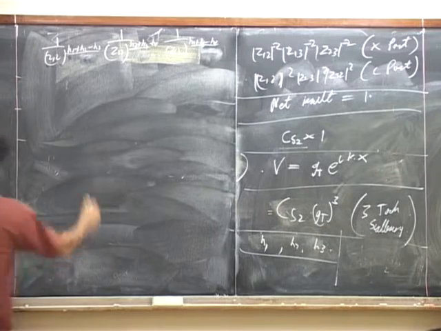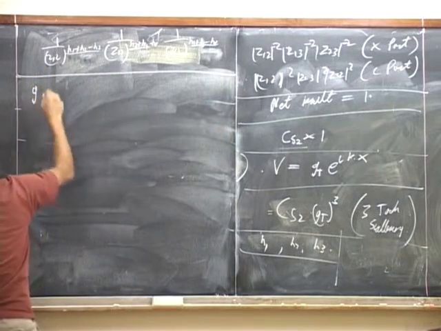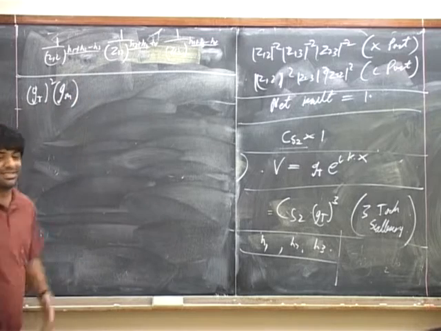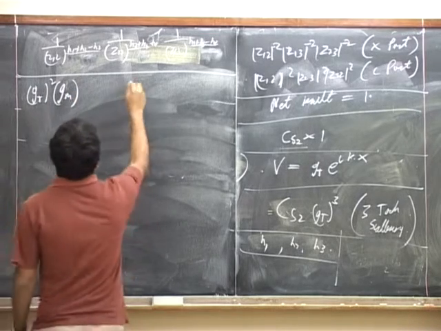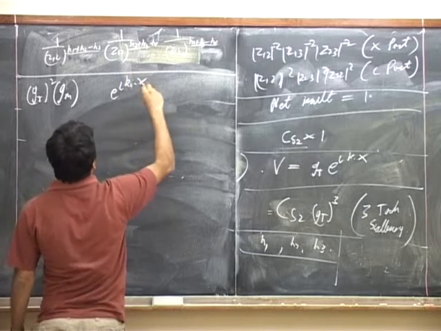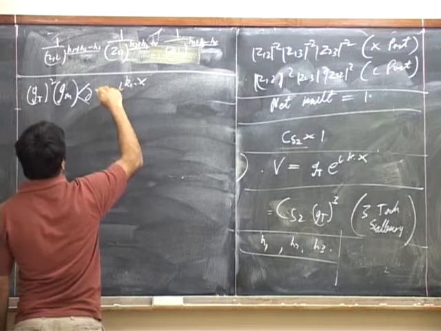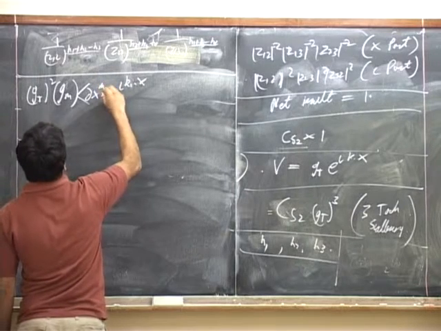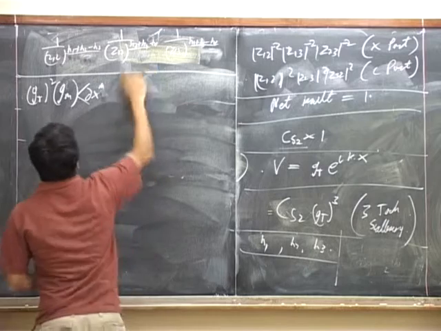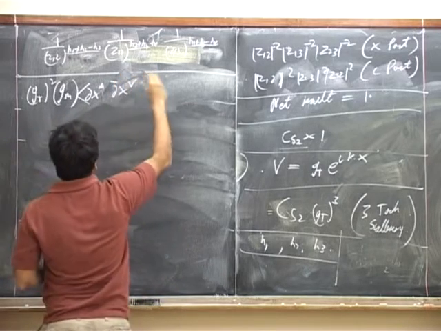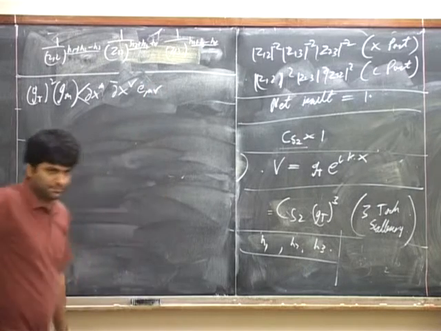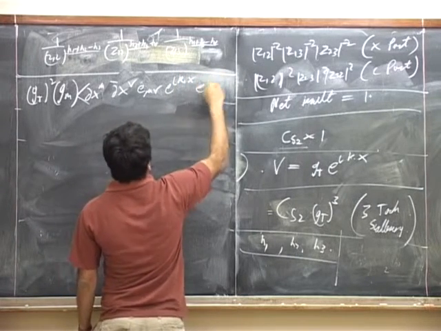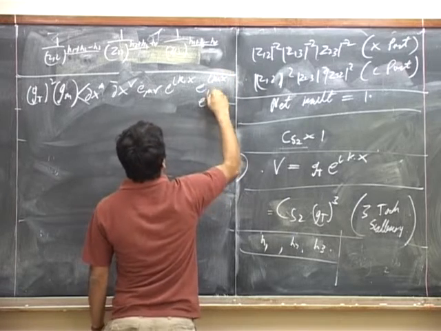Okay, so what's the vertex operator we're interested in? We've got g_t squared times g_m, with g to the massless states, times e to the power k1 dot x times ∂x^μ ∂̄x^ν, and let's put a polarization e_μν, times e to the power k1 dot x times e to the power k2 dot x times e to the power k3 dot x.